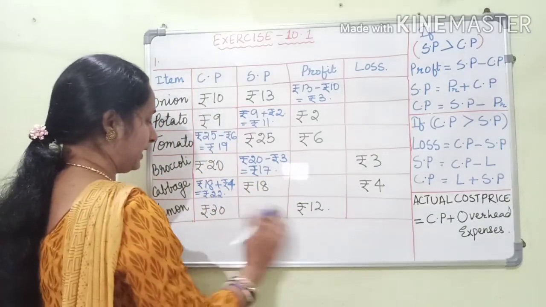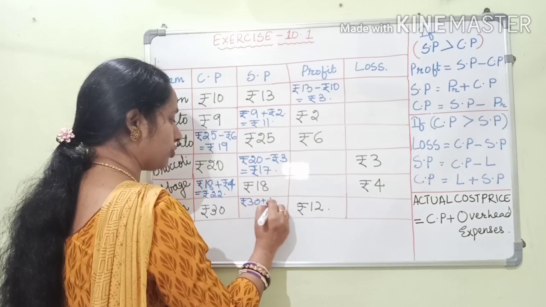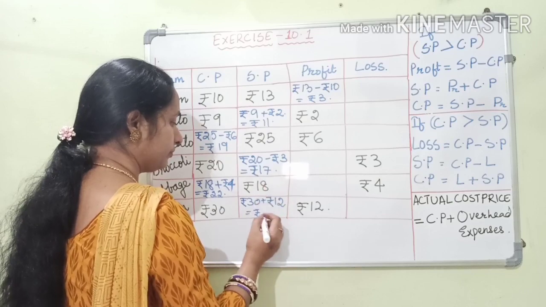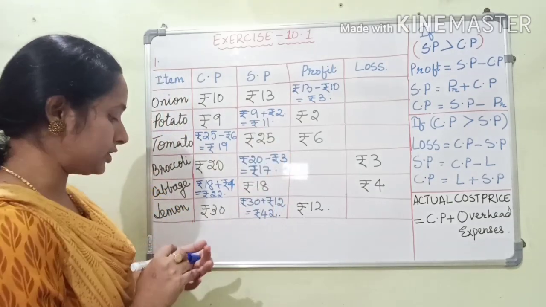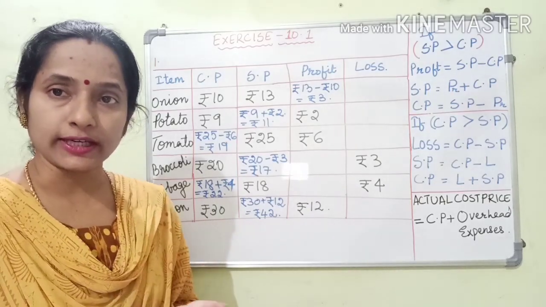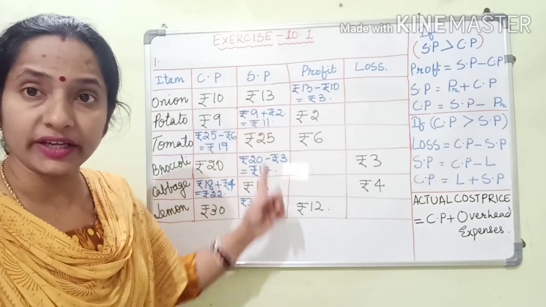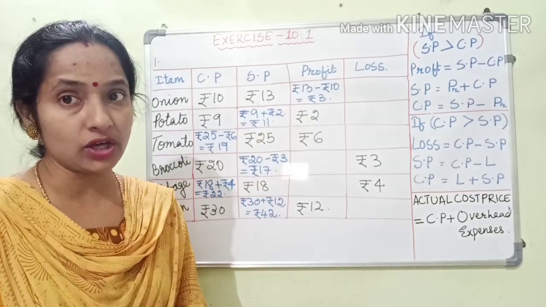So simply add rupees 30 plus rupees 12 and get your selling price of lemons. So children, after knowing this formula, isn't it easy to find the cost price and selling price when there is a profit and when there is a loss?